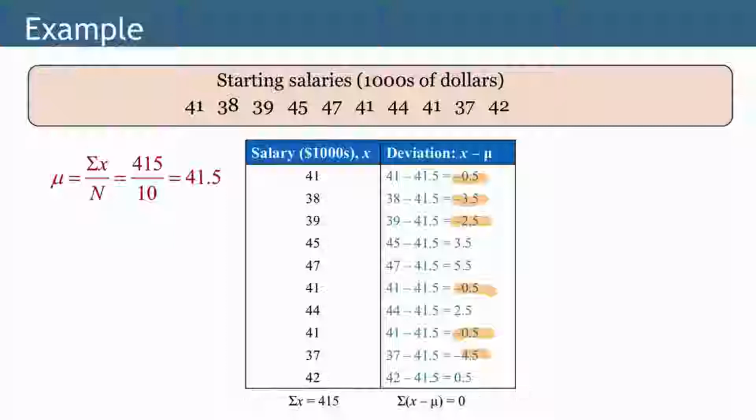Because those values are below the mean. So a negative implies I have a data value below the mean, and the value itself tells you how much below the mean it is. And if it's positive, then it's a data value above the mean. So it tells you how far away you're deviating from the center, if you will.